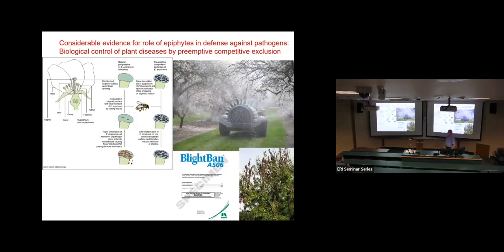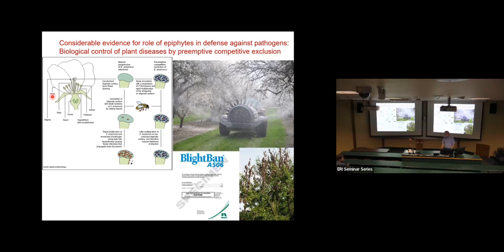But we also know that most of the bacteria on plants are not plant pathogens, and they have many other traits that we want to talk about. Most of those are, in fact, protective of plants. Most of these non-pathogenic bacteria actually provide considerable protection against plant pathogens, because when applied preemptively, they can prevent the growth of pathogens.